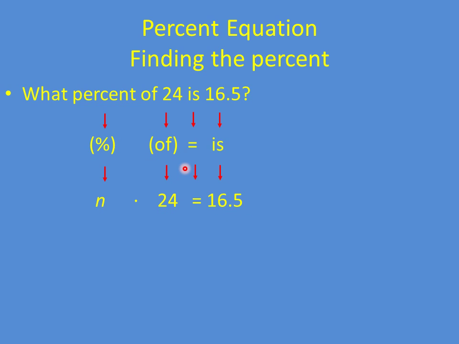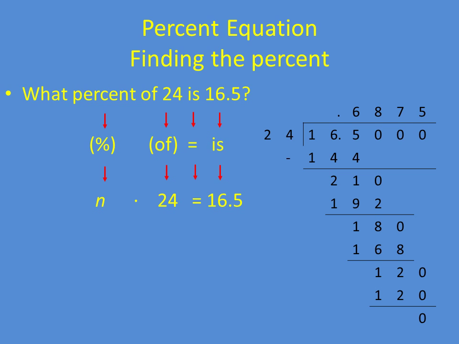My equal sign still comes with my is, and then I've got the 16.5 all by itself because it's on the right side of the is all by itself. So now, since my numbers are on opposite sides of the equal sign, I'm going to divide this time.